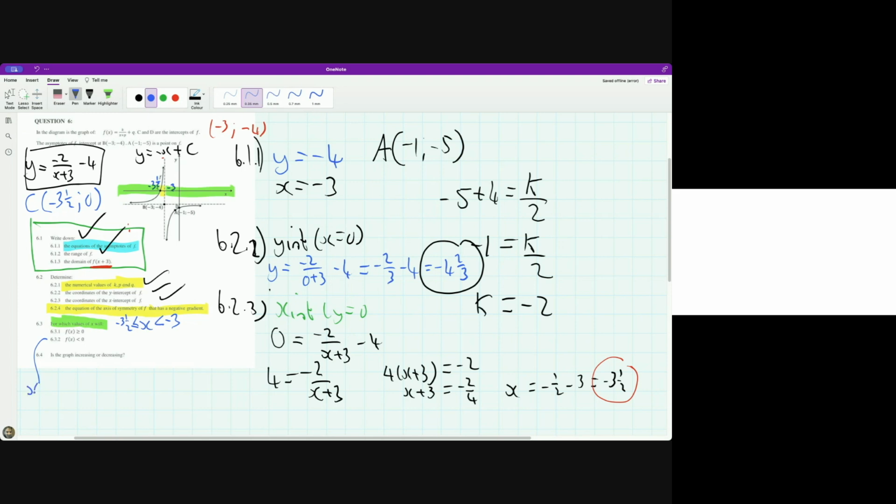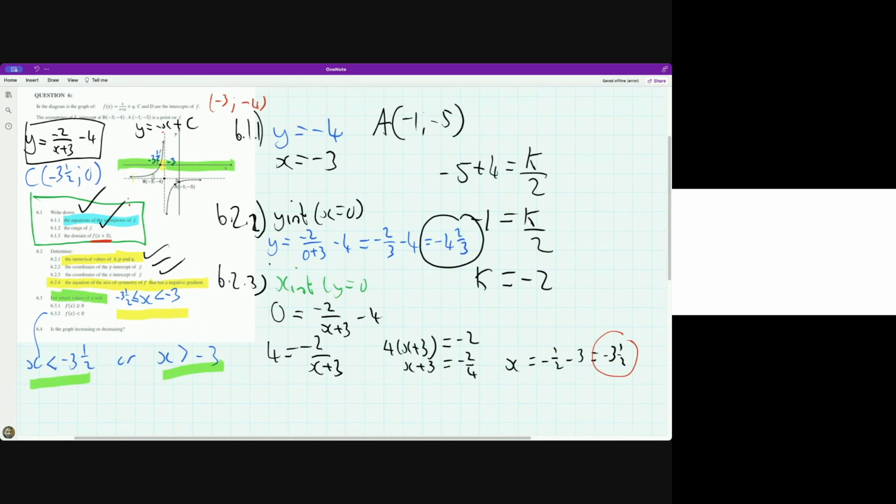I would say it's when x is less than negative 3.5, or x is greater than minus 3. So for 6.3.2, it's basically the green bits on the drawing. And the answer for 6.3.1 is the yellow bits over here.